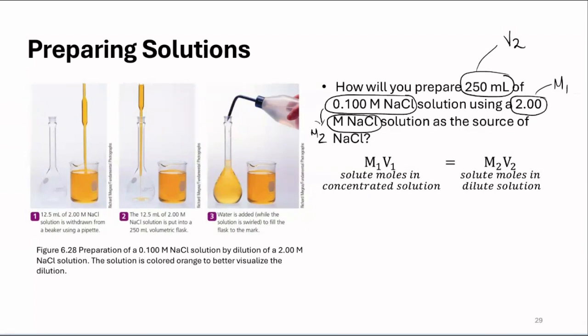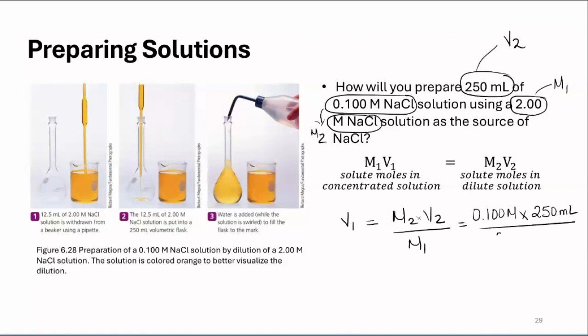Utilizing this equation and doing some algebra, I can actually separate the V1 term by itself. So V1 equals M2 times V2, everything divided by M1. Then I'm going to plug in all of my numbers. M2 is 0.100 molar multiplied by V2, which is 250 milliliters.